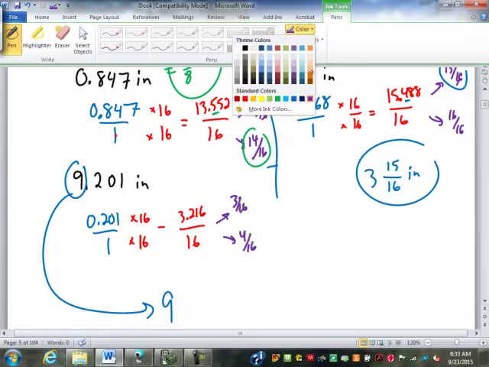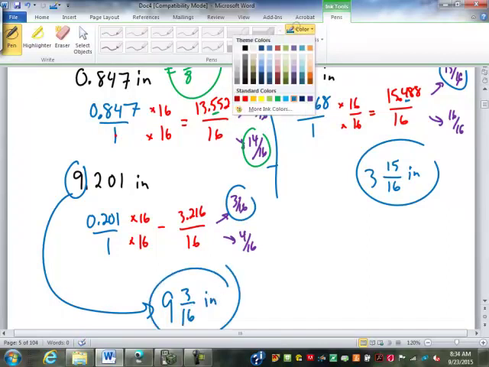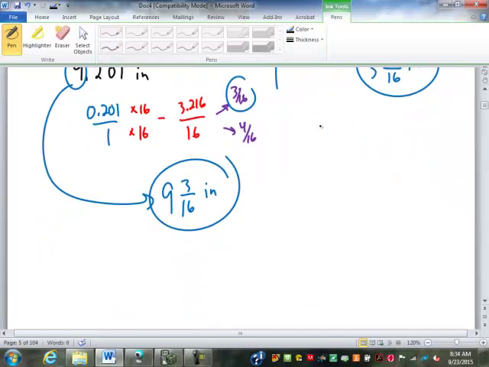Which one's it closer to? 3/16. 9 and 3/16 of an inch. Any questions? Those make sense? We've done them once or twice before, but wanted to hit them one more time before we wrapped them up.